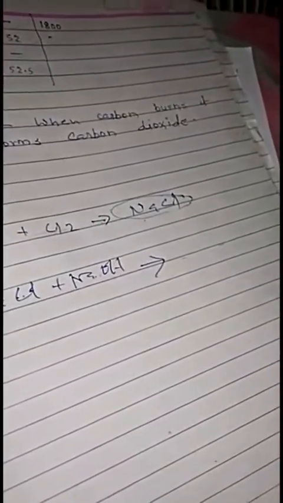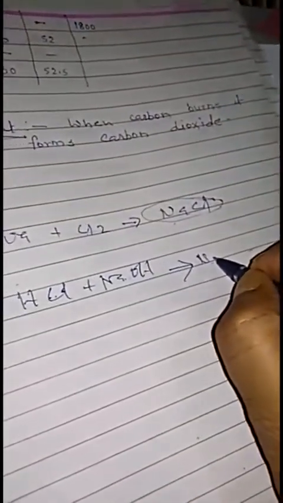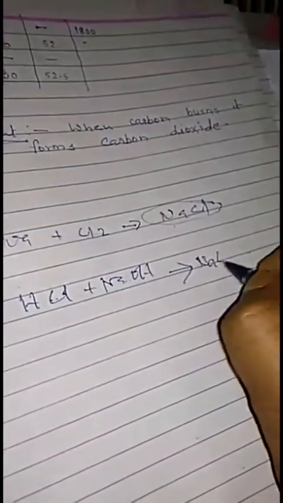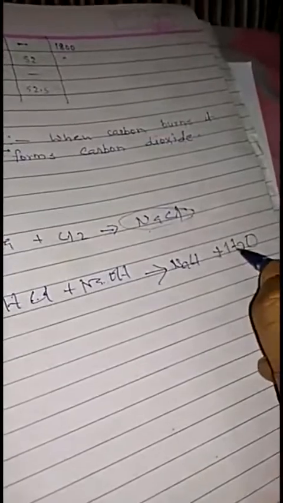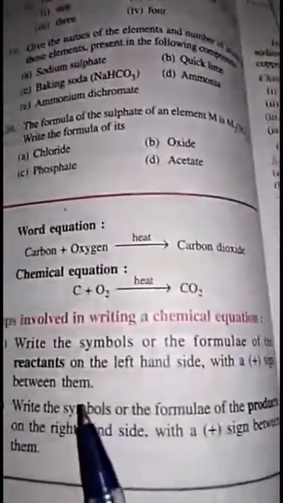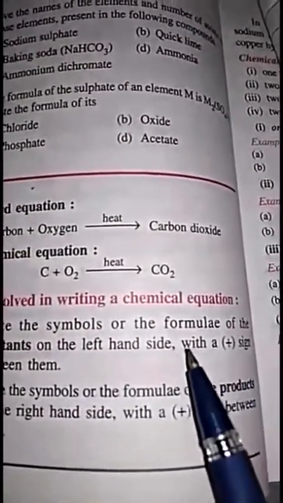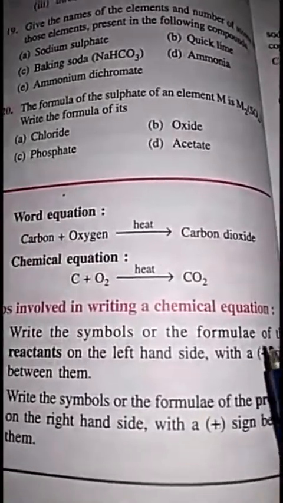If only one product is formed, no problem. But if two products are formed, NaCl, sodium chloride, is formed plus water is formed, we write the plus symbol. It is written stepwise, reactants on the left hand side with a positive sign if required.